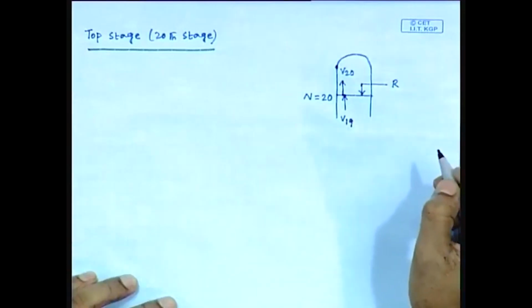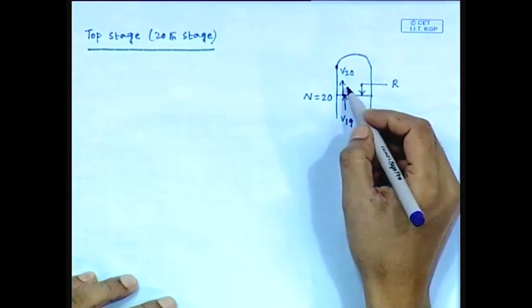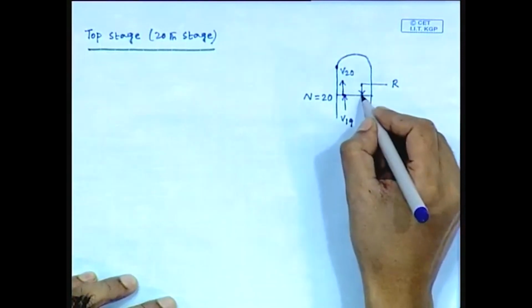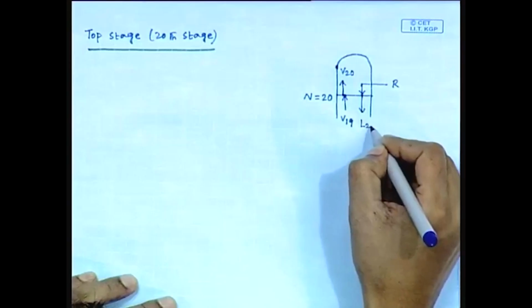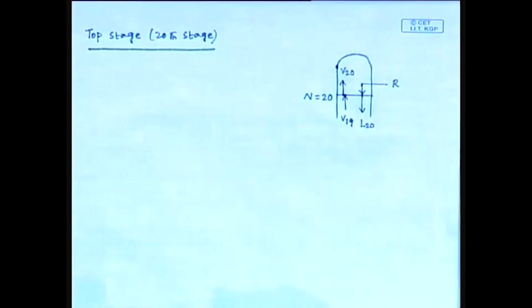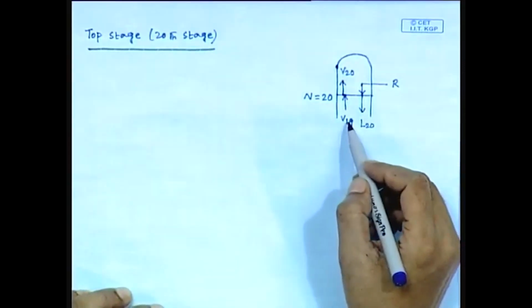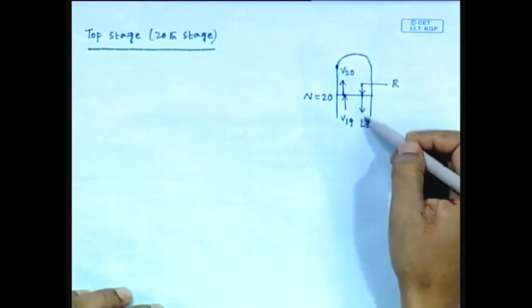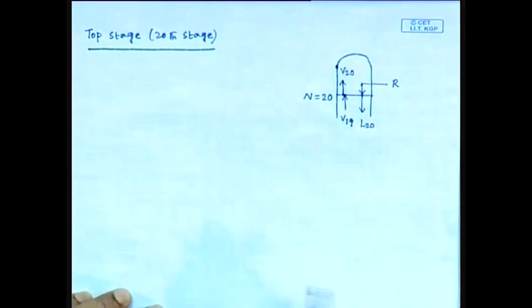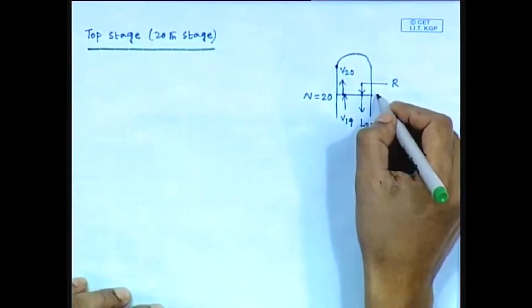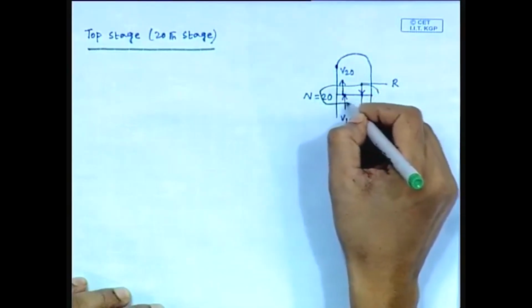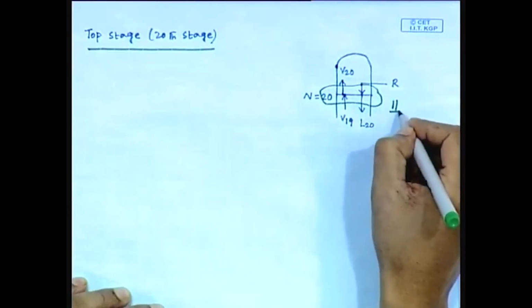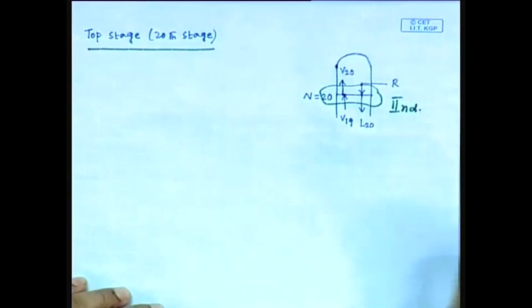Outgoing streams, one we have already drawn, that is V20, another one will be L20. So, incoming streams are V19 and R, outgoing streams are L20 and V20. So, this is the second envelope.